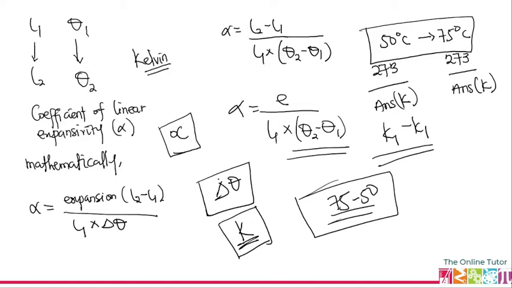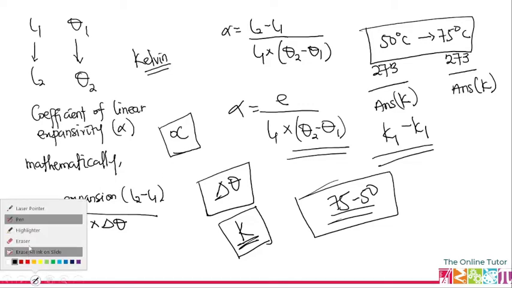Alright, now that we've clarified that, let's look at how to calculate the new length of the metal after heat has been applied to cause an increase in its length. We said that the coefficient of linear expansivity is equal to the extension, E, per unit length per change in temperature of that particular metal.